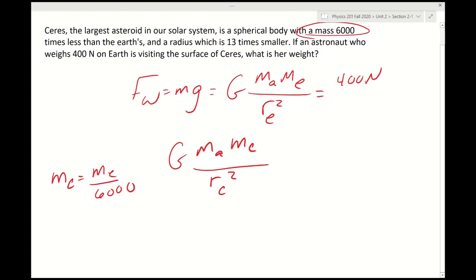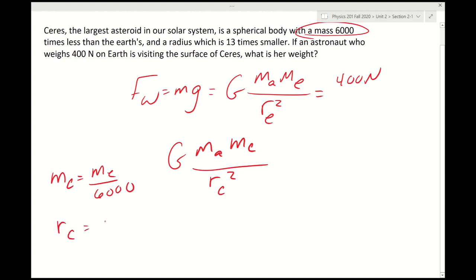Well, the big G, mass of the astronaut, mass of the Earth, over the radius of the Earth squared is what we would have looking at just this numerator, times 169 over 6,000.